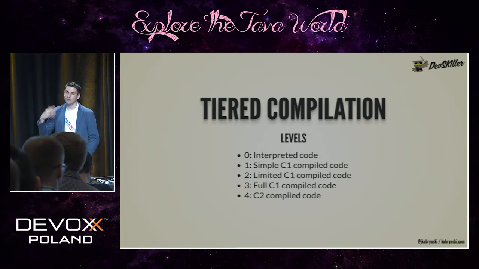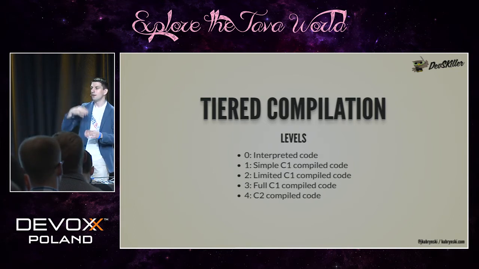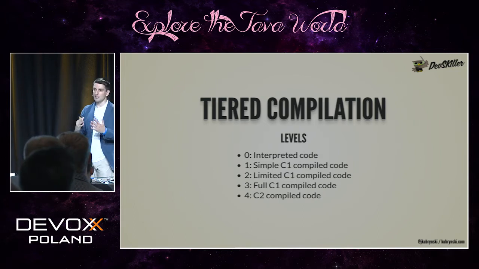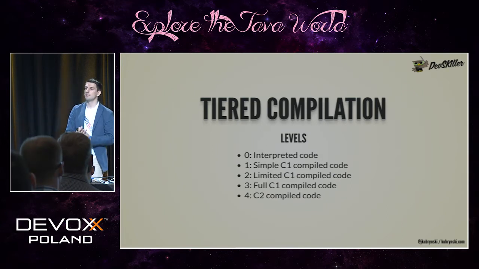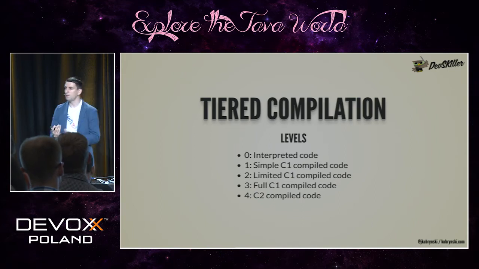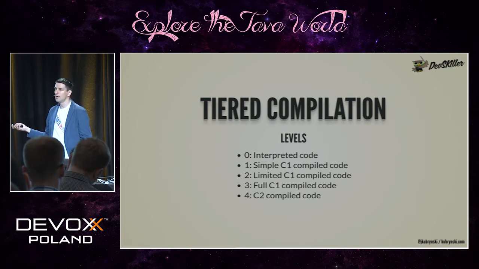And usually it looks like we are starting from the interpreted code. When JIT finds out that this method is hot, it's compiled to the third level, so the full C1 compiler. Then when this method is being used and used and used, then it says, okay, I need to optimize it even more. So it compiles it into the C2 level.